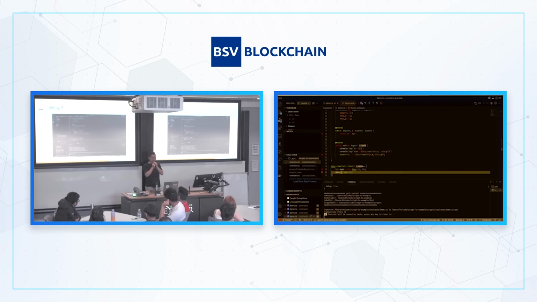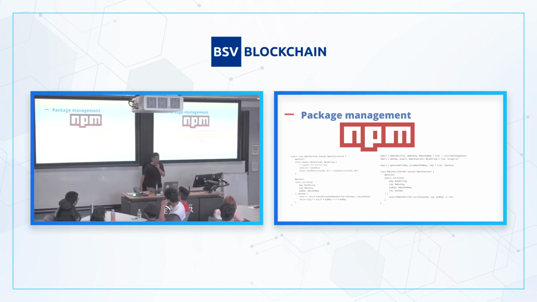The last benefit I want to mention before we go to another break is package management. I assume everybody has installed this yesterday, if not earlier: npm, the node package manager.